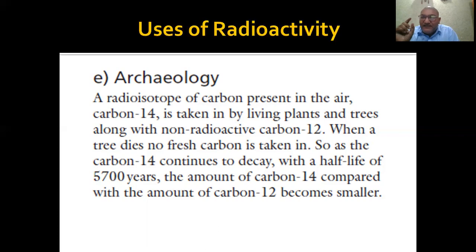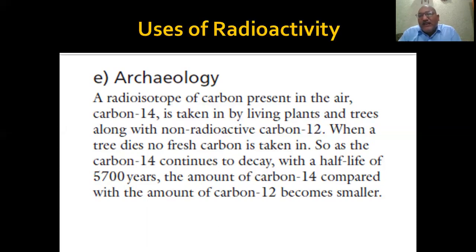Normally, anything which is living, especially plants and wood, when it's living, it's absorbing carbon from the atmosphere. And in the atmosphere, the carbon is of two kinds. Carbon has two isotopes, carbon 14 and carbon 12. Carbon 12 is a normal carbon, but carbon 14 is radioactive.